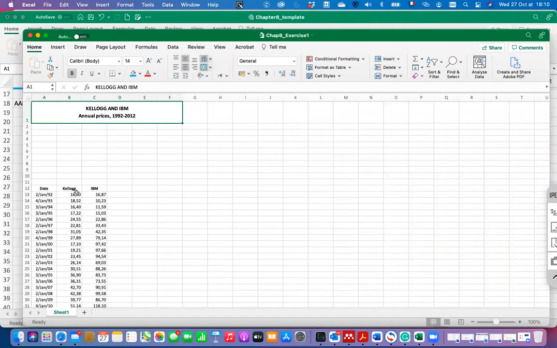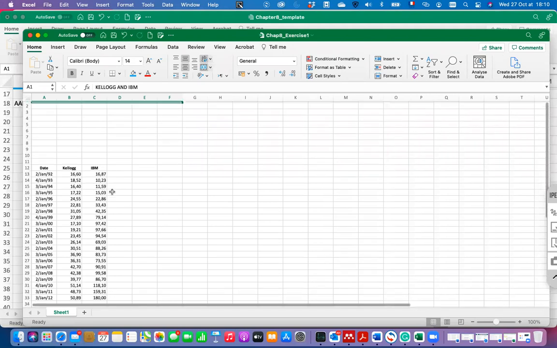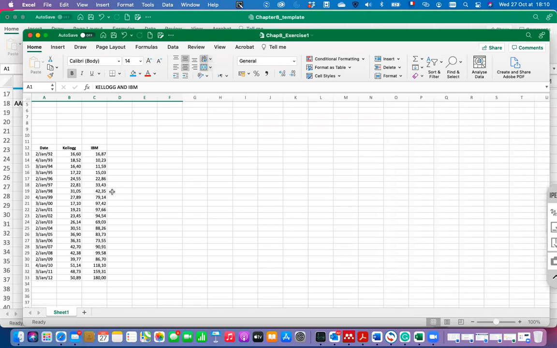So I have Kellogg and IBM, two US listed stocks. I have annual prices, not monthly prices, from the year 92 to the year 2012. So almost, I think, 11 years. No, sorry, 21 years, right?